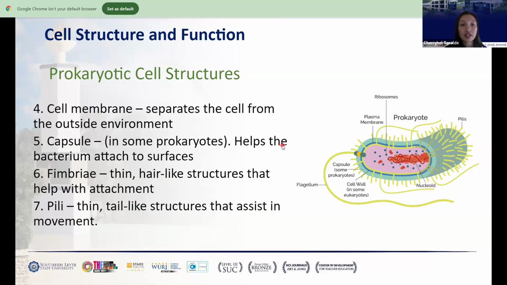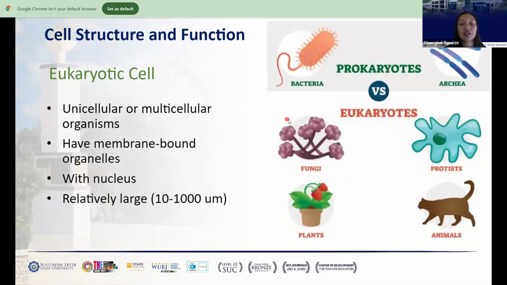And in this sample of a bacterium that I have shown you, it also has a flagellum, which is also for movement or locomotion. Okay, now we're already done with the basic structures of the prokaryotic cell. Now let's move on to the eukaryotic cell.